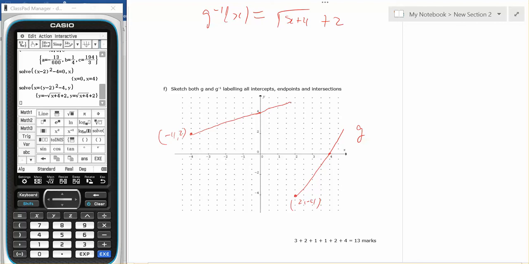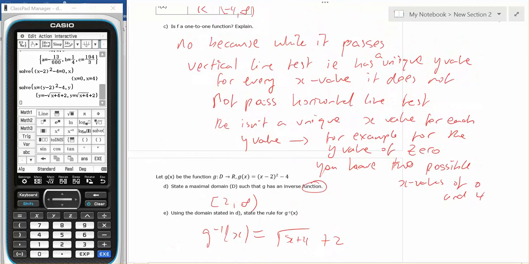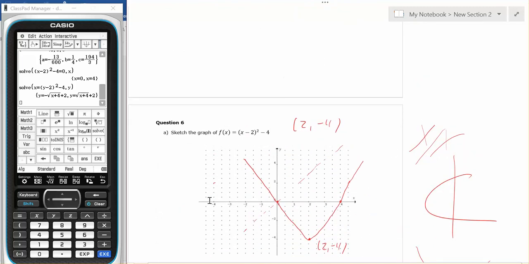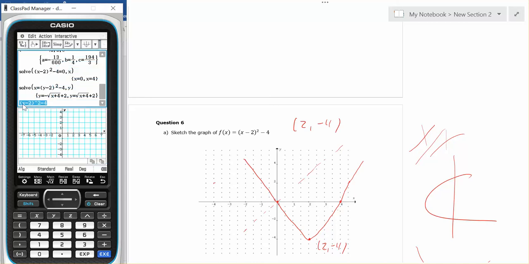Now, the reason why it looks slightly wonky is because the scale is a bit different. If you were to draw the original and the inverse on the same graph, let's go back to the original, y equals (x minus 2) squared minus 4, and you wanted to sketch the inverse.